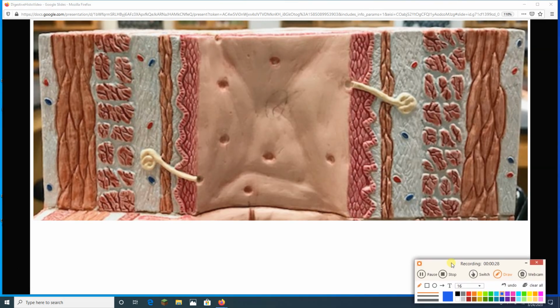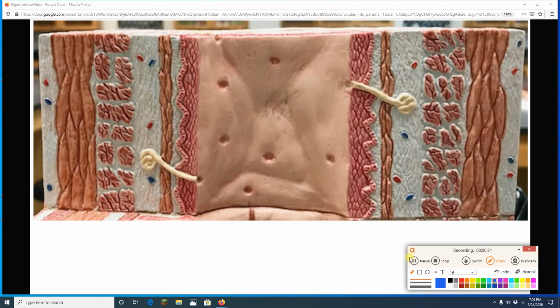Now, in this view, our lumen is basically going to be right here. We see the tissue lining the lumen right here as well. And what we're going to notice is there are four basic layers to the wall of the esophagus.